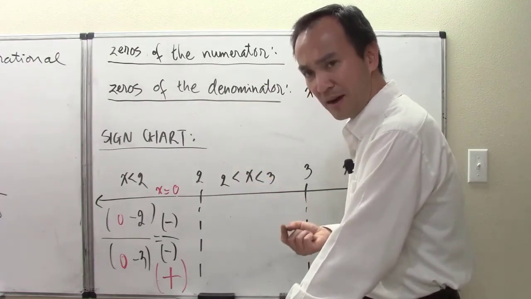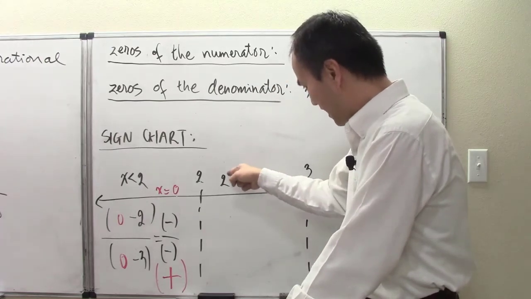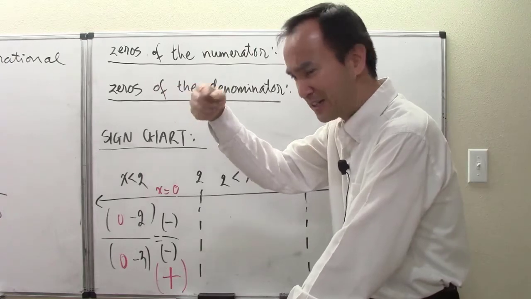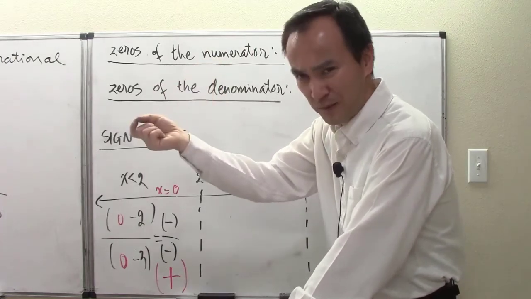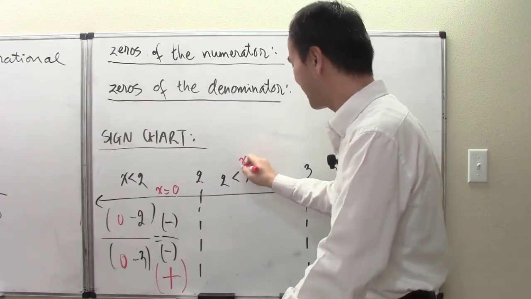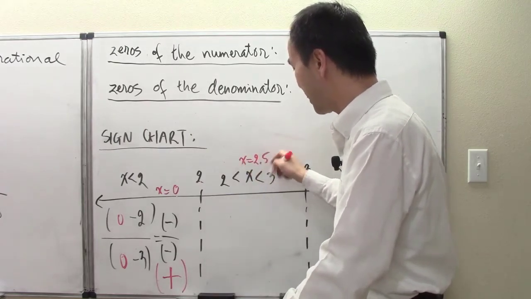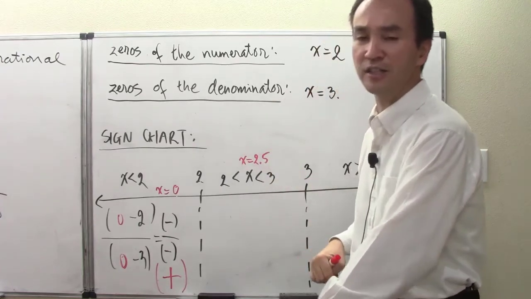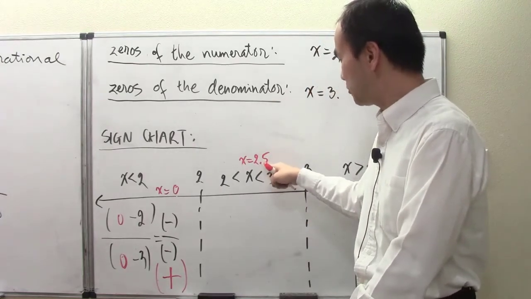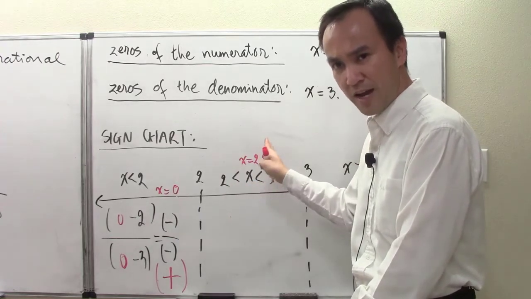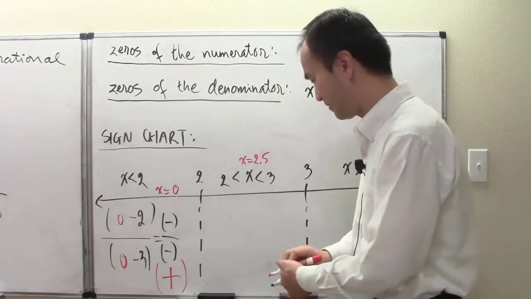Anywhere between 2 and 3, I plan to pick x equals 2.5. Is it going to violate the domain? No, it's not. So x equals 2.5 is clearly between 2 and 3, and it's not violating the domain. Let's get it to work.